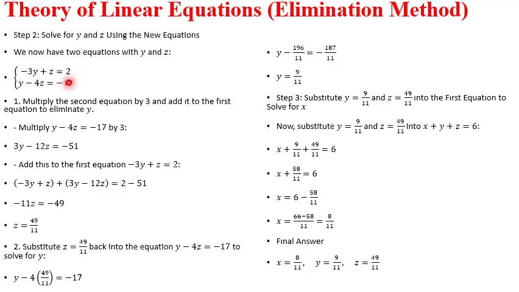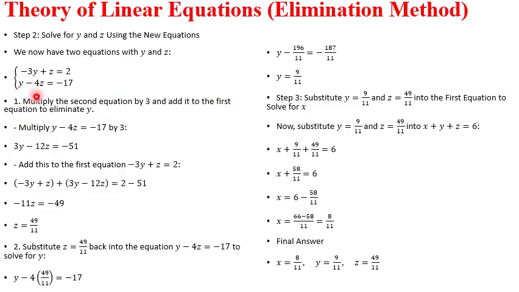What we then do is solve for y and z using the new second and third equations. Again, we can use the elimination method. How do we eliminate? We now want to eliminate y. We multiply the second equation by 3 and add it to the first equation to eliminate y.